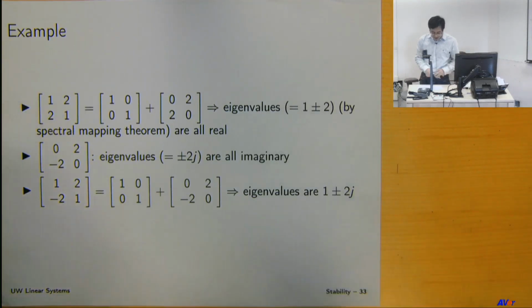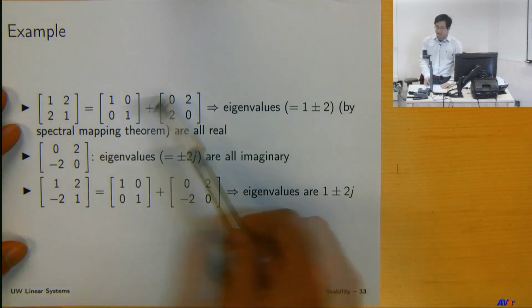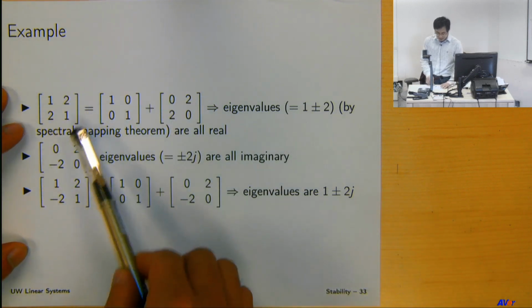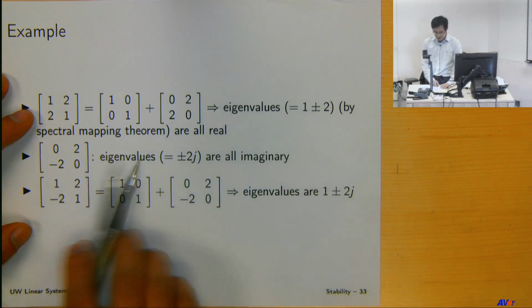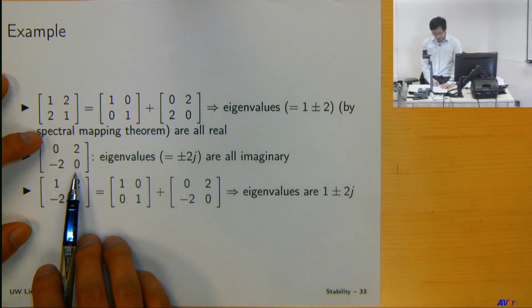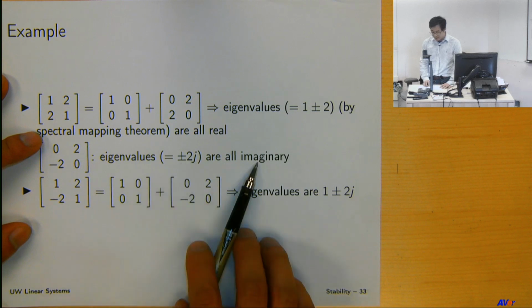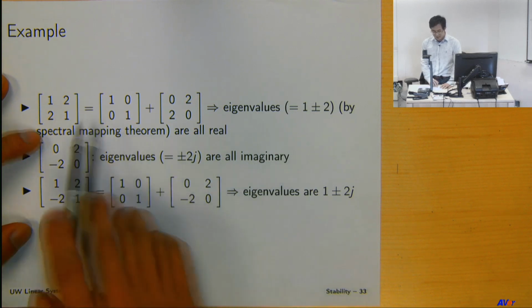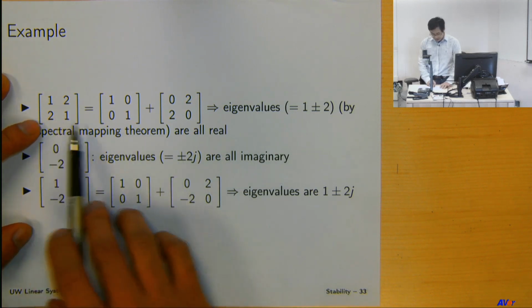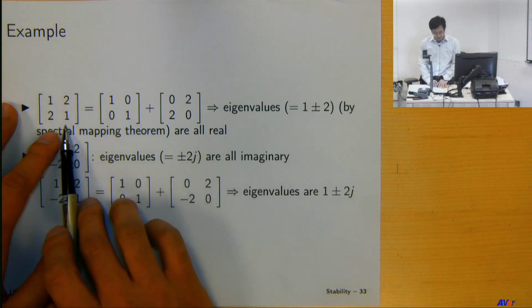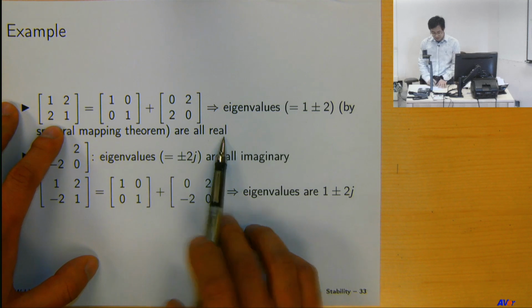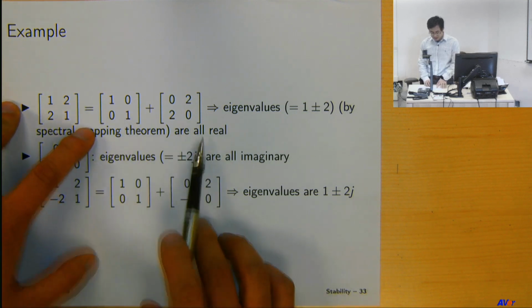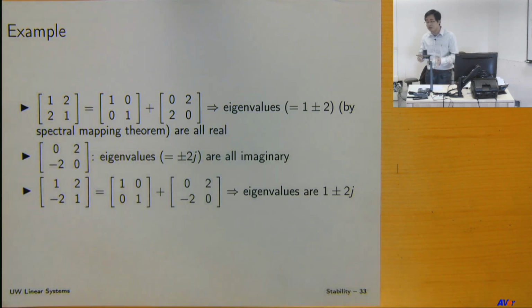Once you see that, you can quickly see from the matrix structure what the eigenvalues are going to look like. We talked about this one already: for a skew symmetric matrix, all the eigenvalues are on the imaginary axis. And for this one, we can see it's symmetric, so the eigenvalues are guaranteed to be real. You can compute using the spectral mapping theorem.